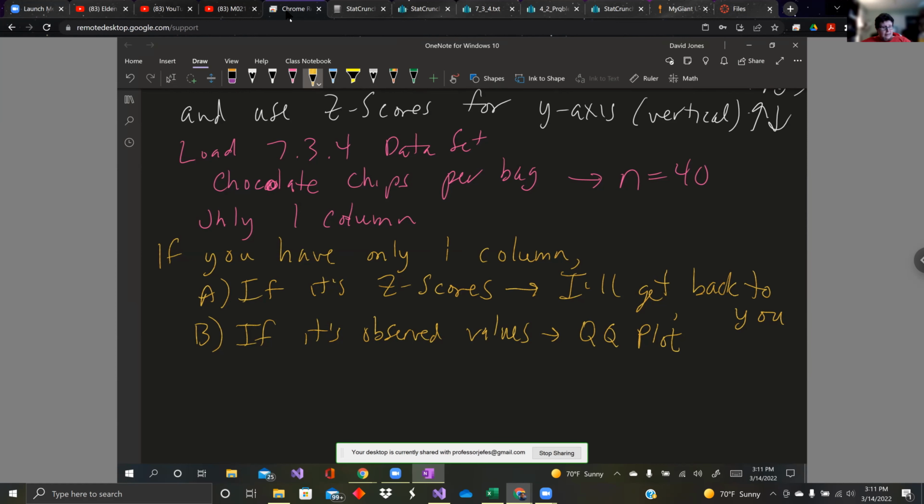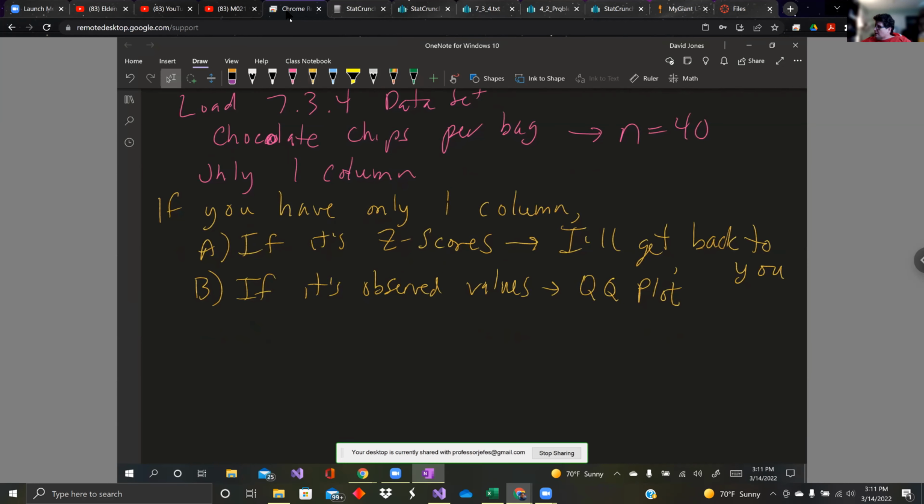And when you do the QQ plot, you want to add correlation stats. You'll see it as an option. We'll go back and look at it. And you want to do normal quantiles on the y-axis.